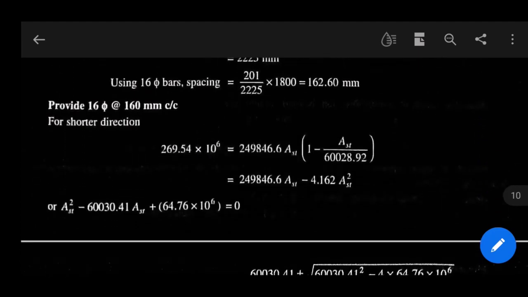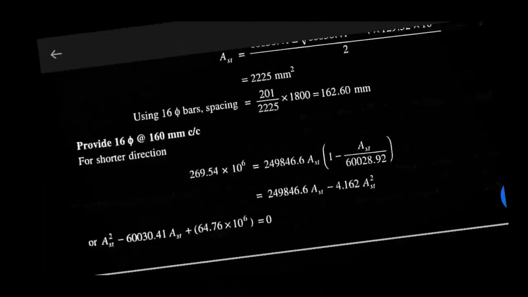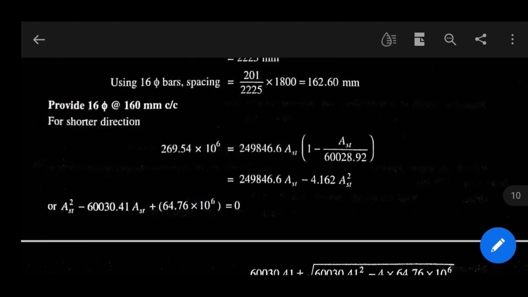Now for shorter direction, 269.54 into 10 to the power 6, that is equal to 249,846.6 AST within bracket 1 minus AST by 60028.92 bracket close, is equal to 249,846.6 AST minus 4.162 AST square, or AST square equals AST square minus 60030.41 AST plus 64.76 into 10 to the power 6 bracket close equals 0.